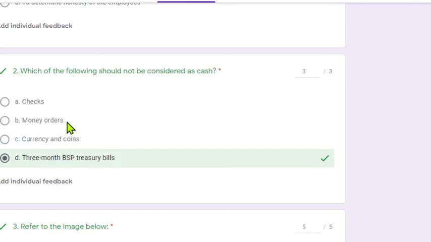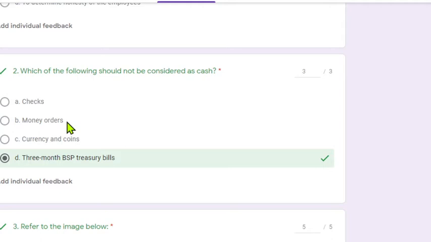Normally, itong mga money orders kasi nito, mga normally ini-issue ng mga post office, naka-indicate doon na kapag ipinresent mo itong particular certificate or slip na money order na yan, ay pwede mong i-convert agad-agad into cash.